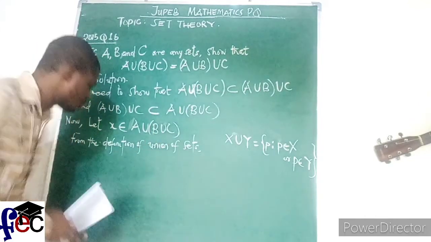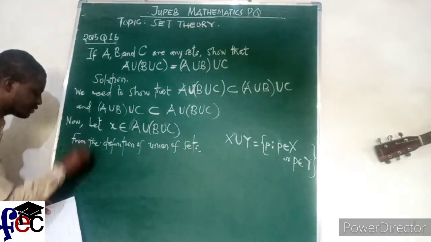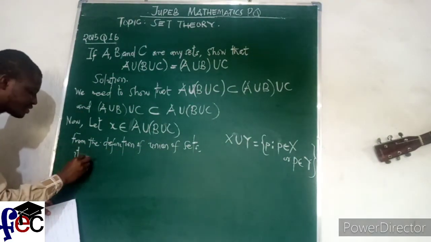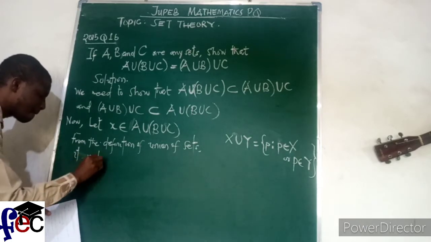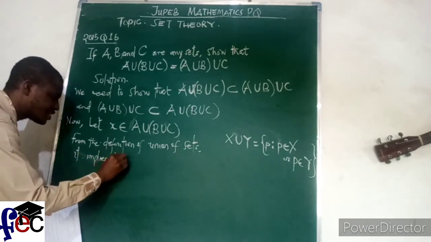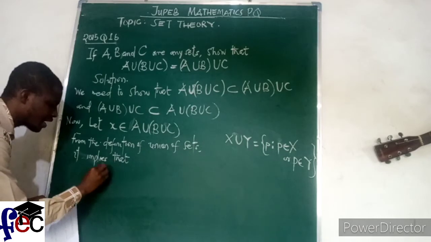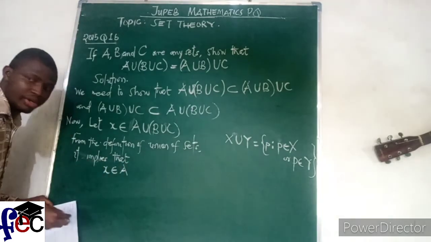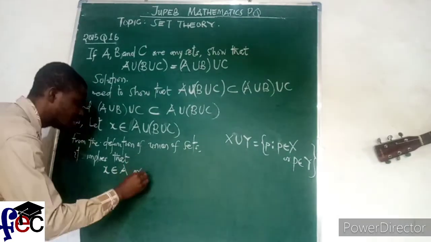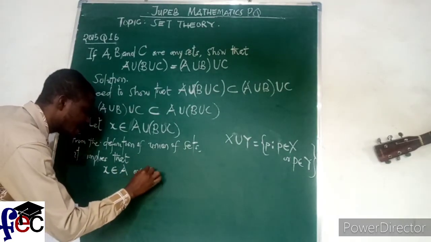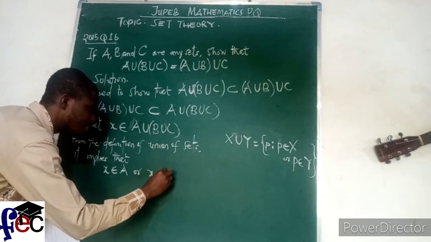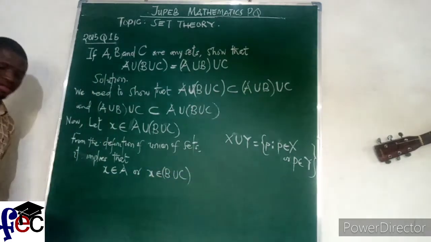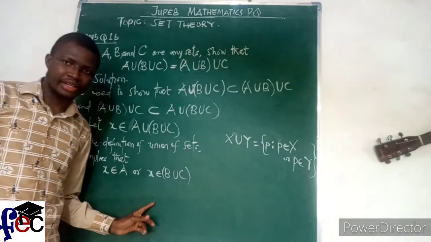You get it now? So I can say that, therefore, from union, it implies that X is a member of A or X is a member of B union C. I've applied the definition here.